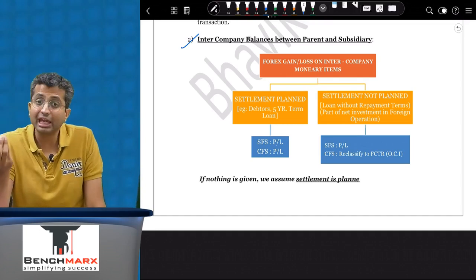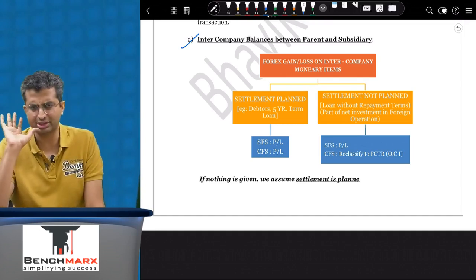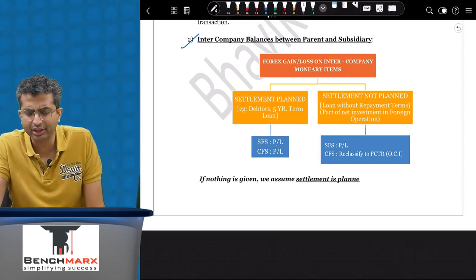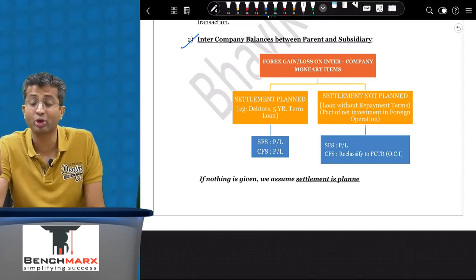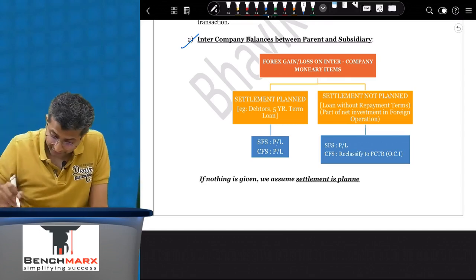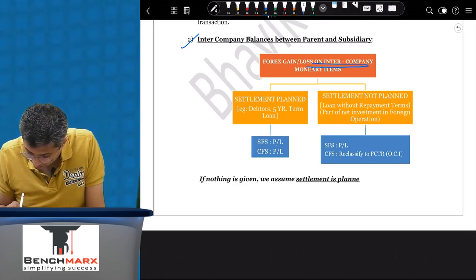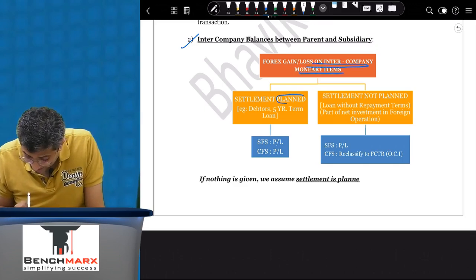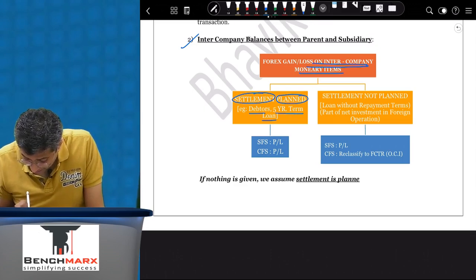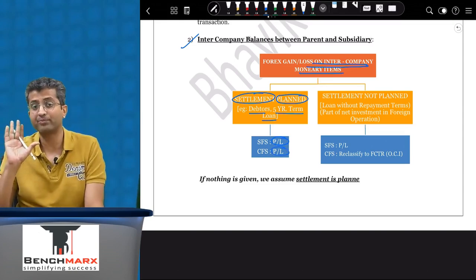However, if there is any gain or loss, that gain or loss will continue to appear in the separate financial statements of the entity where the gain or loss is recorded, as well as the consolidated financial statements. However, if there is a gain or loss on the intercompany monetary items where settlements are planned, like a debtor or a term loan of 5 years, then in the SFS as well as in the CFS, the gain or loss will continue to be in the P&L only.